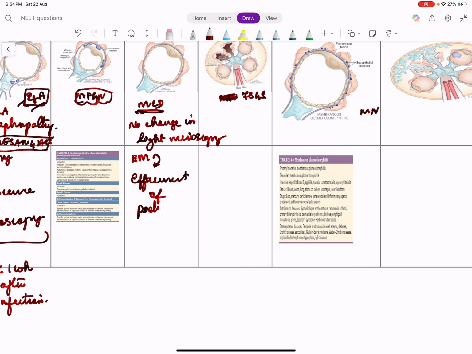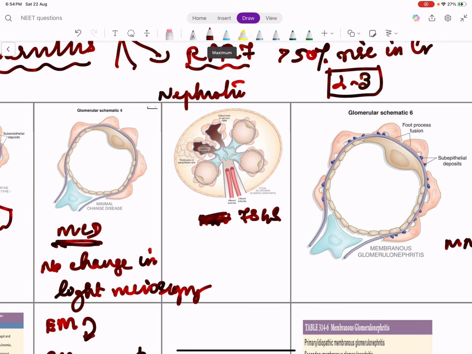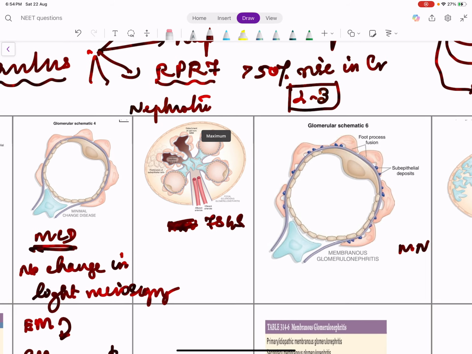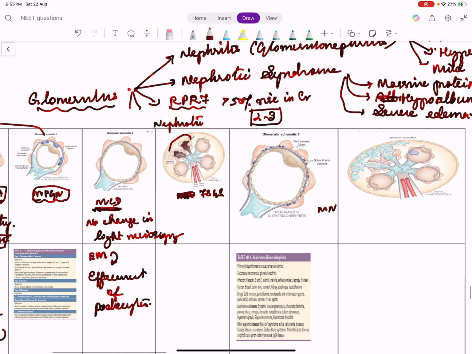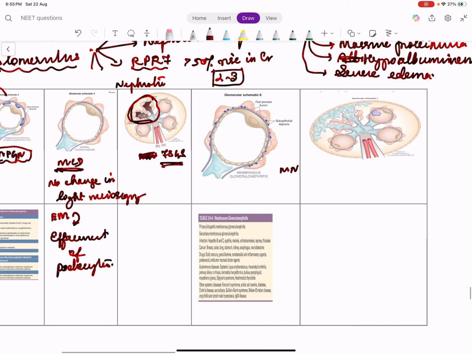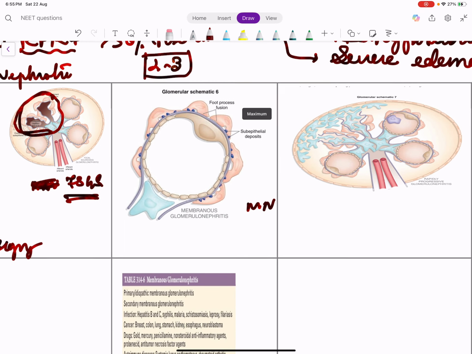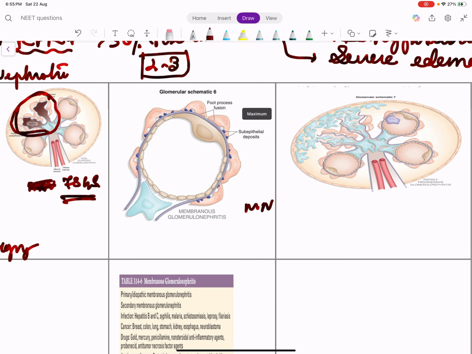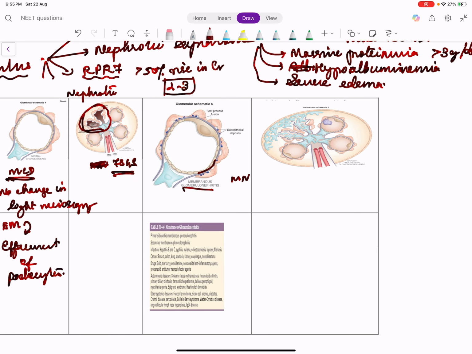That is why it is called minimal change disease. But FSGS is focal segmental glomerulosclerosis. A segment of the glomerulus is sclerosed and fibrosed. That is called FSGS. This can be seen in nephrotic syndrome. Another one is membranous glomerulonephritis or membranous nephropathy. There is proliferation along the membrane. So some specific features are seen here.